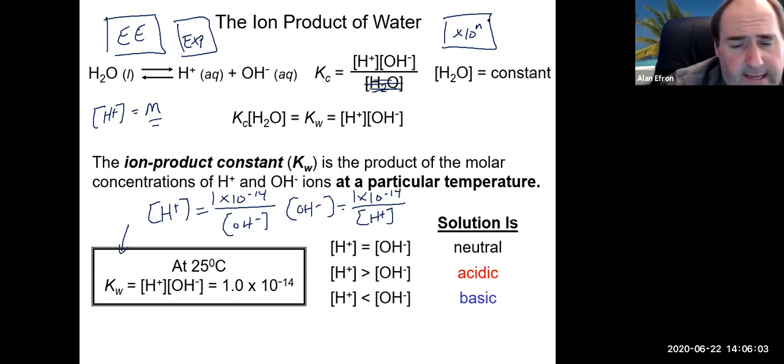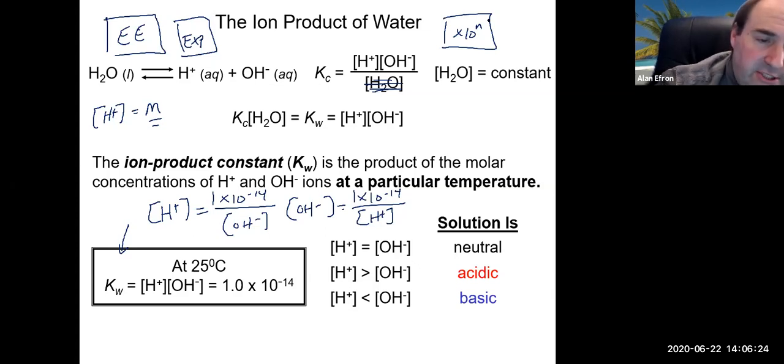If you calculate the H plus concentration is larger than the OH minus concentration, so the acid part is larger than the base part, then it's an acidic solution. And if the OH minus concentration is larger than the H plus concentration, then it would be basic.